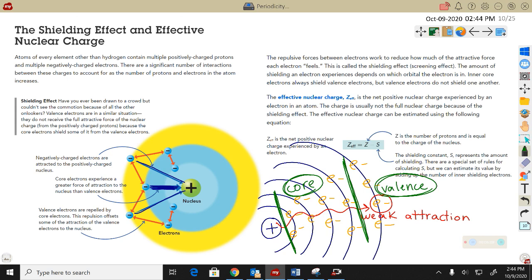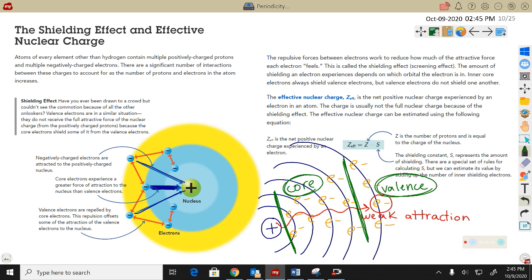The amount of shielding an electron experiences depends on which orbital the electron is in. So obviously, the 1s electrons never experience shielding. They are the most inner electrons. There is nothing in between the 1s electrons and the nucleus, so they're the most strongly attracted to the nucleus. Even into the 2nd energy level, the only inner electrons would just be the 1s.